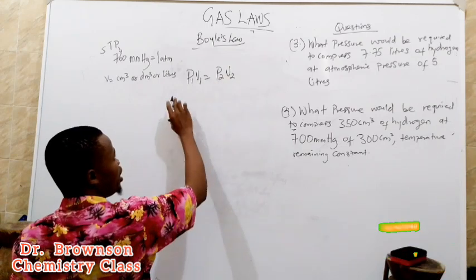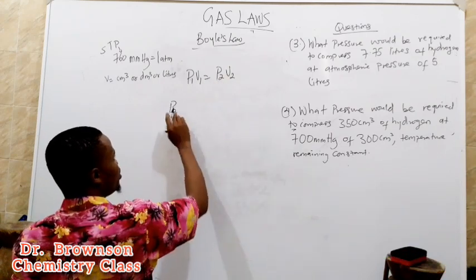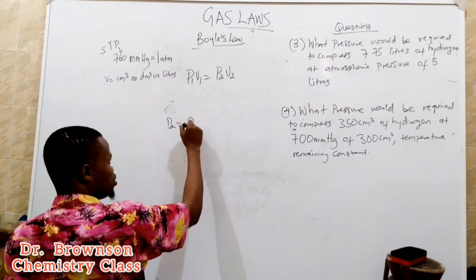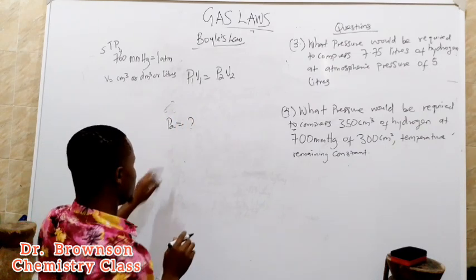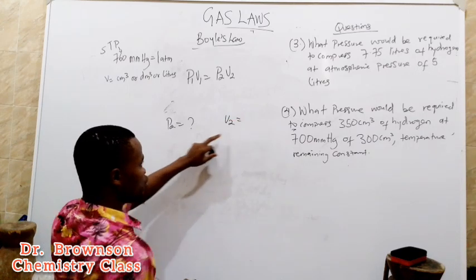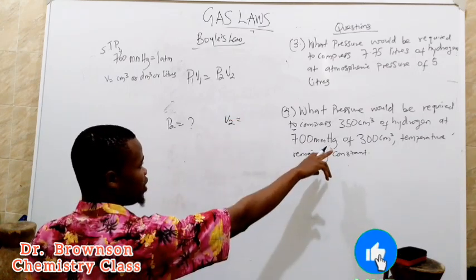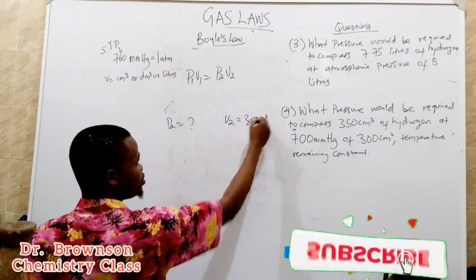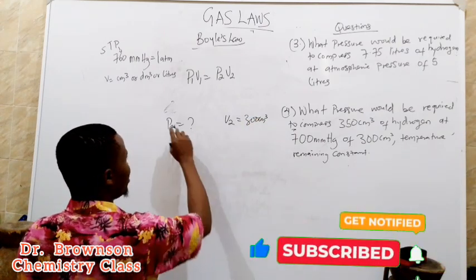So we're looking for the second pressure. Our V2 becomes 300 centimeter cube.